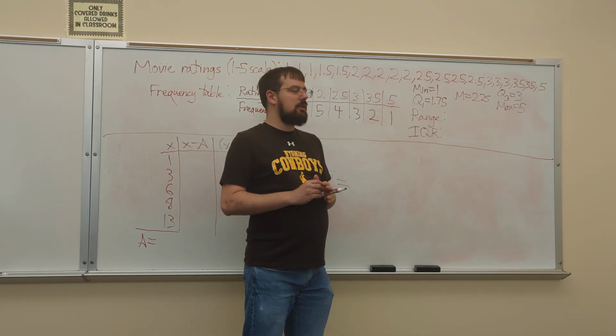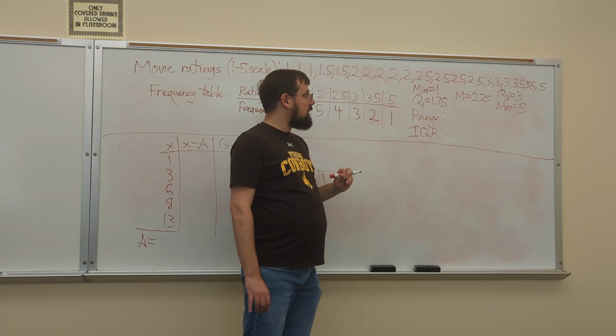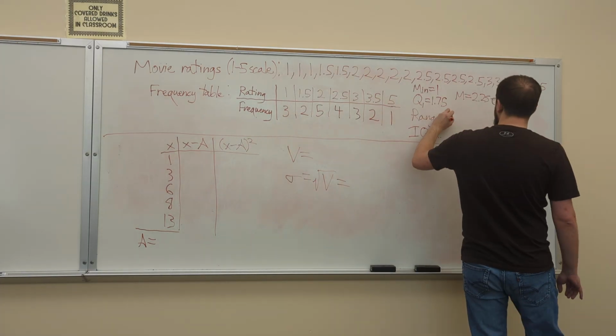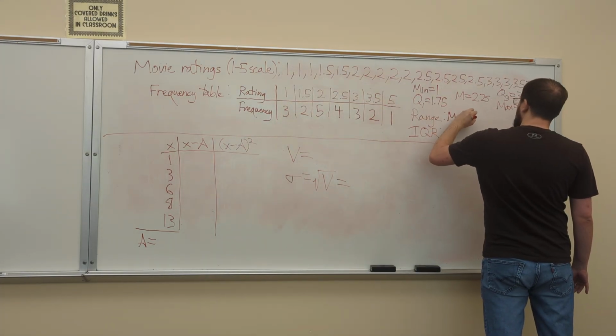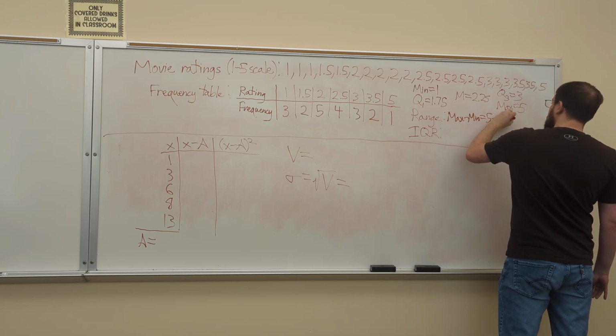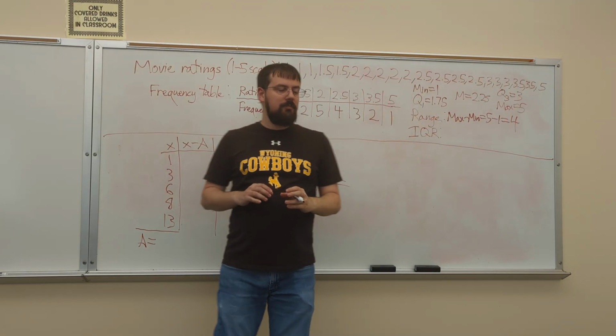So the first data metric that we'll look at is the range. Now, the range is basically just the maximum minus the minimum. So in this case, our maximum is 5 and our minimum is 1. So our range is just going to be 5 minus 1 or 4.